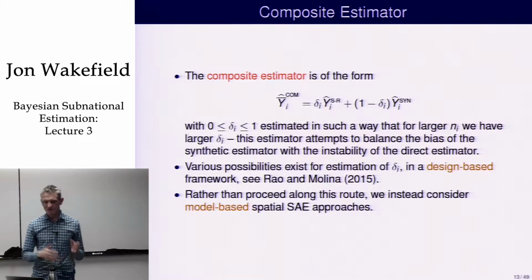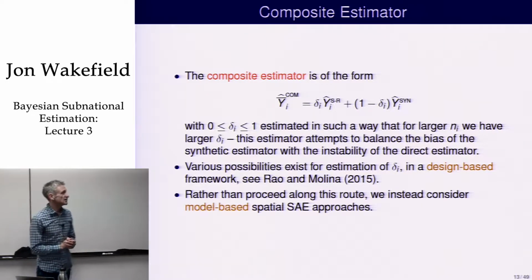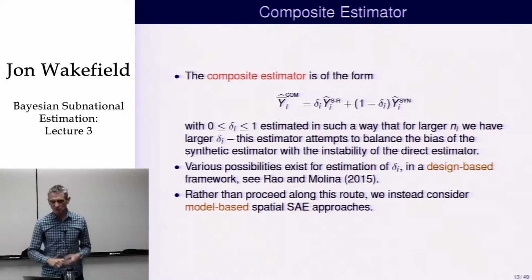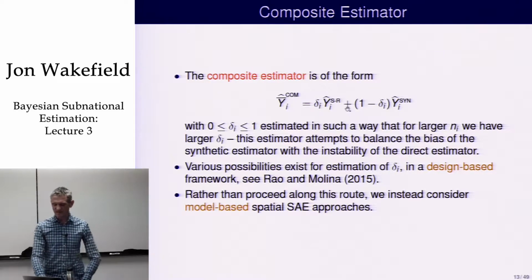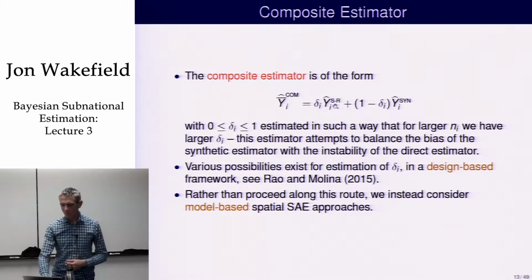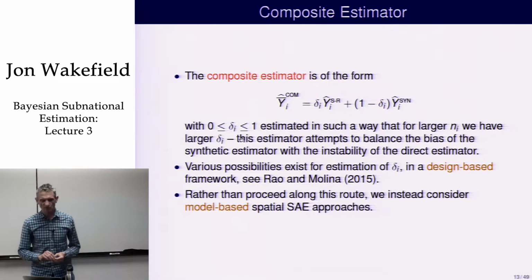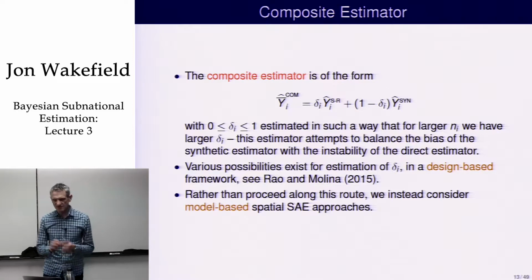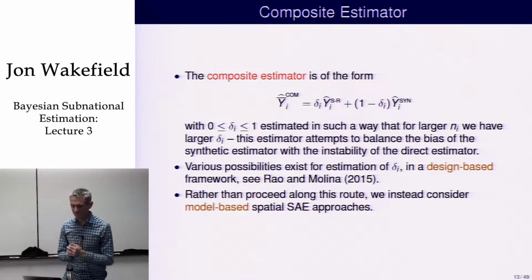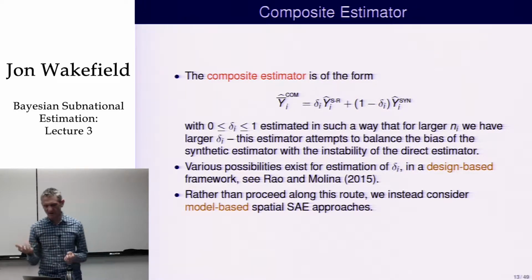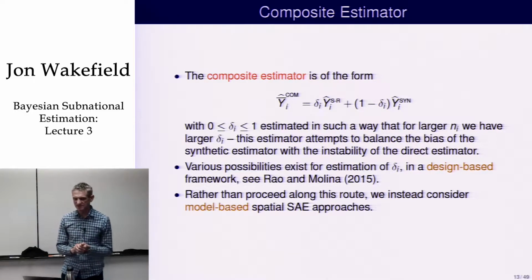So the obvious thing to do here is to consider instead a composite estimator, which takes a weighted combination of the synthetic estimator and the survey regression estimator, and then weights them via some number between 0 and 1, so an area-specific weighting factor. So it's trying to balance the bias of the synthetic estimator with the instability of the direct estimator.